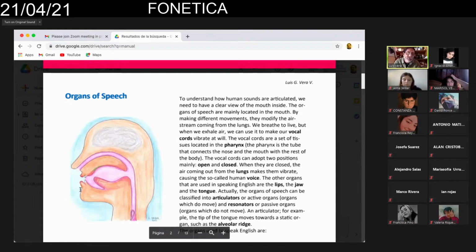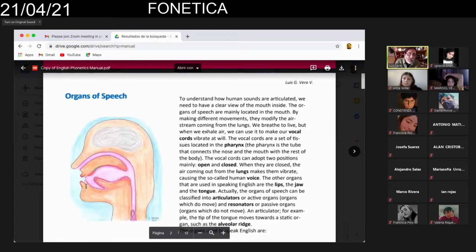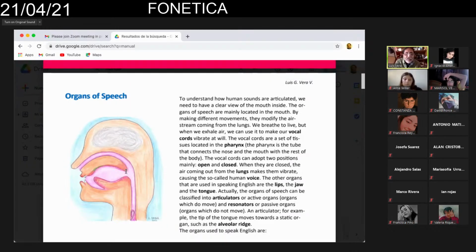So you should start by practicing nasal cavity, oral cavity, and then upper teeth, lower lip, upper lip, alveolar ridge, post-alveolar area, velum, the tongue, back of the tongue, tip of the tongue, blade of the tongue, sides of the tongue, the jaw, and the vocal cords. And the glottis too. The open space is called the glottis, remember.